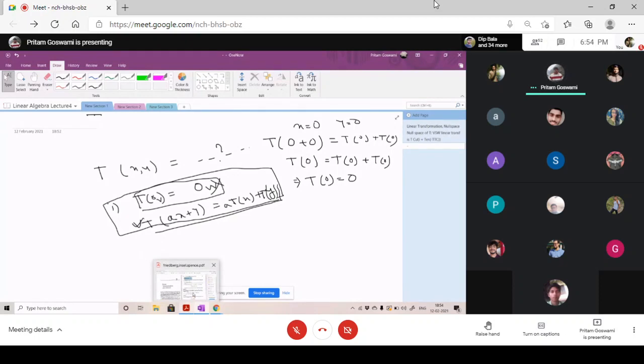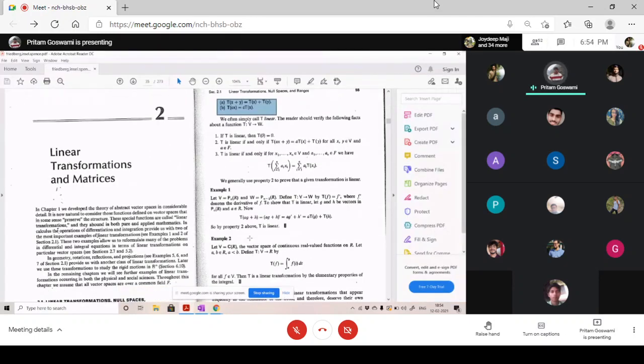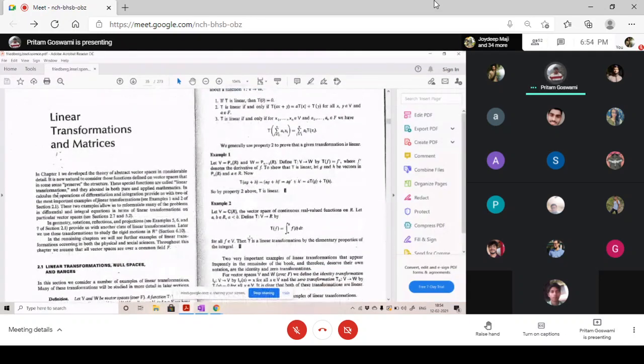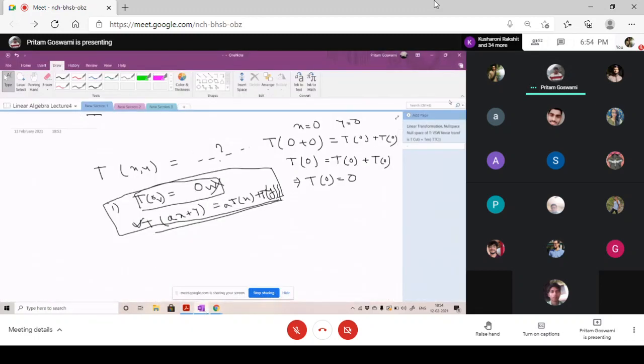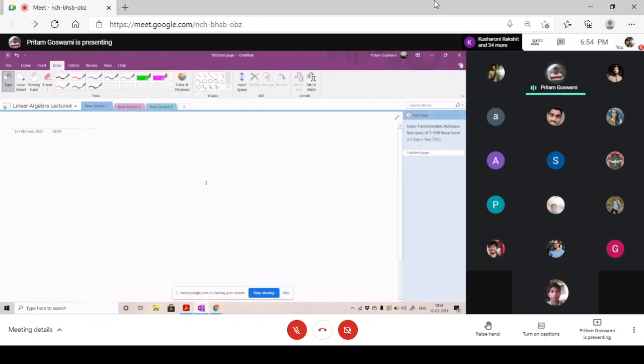Okay. So first let me give you an example. This vector space, what is this vector space?